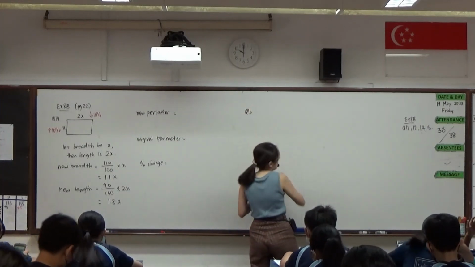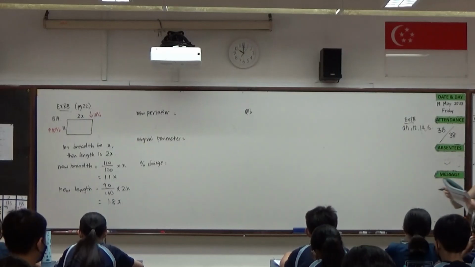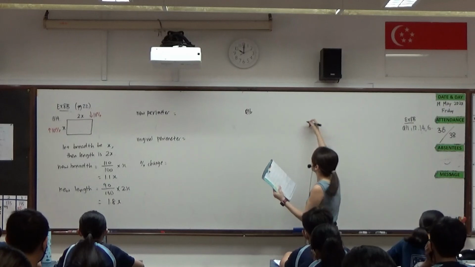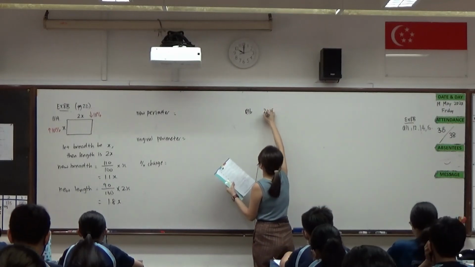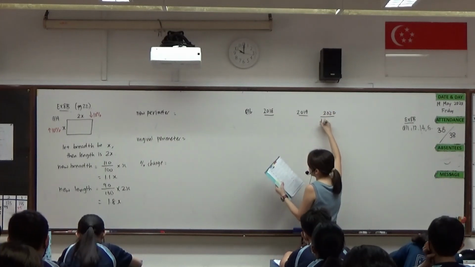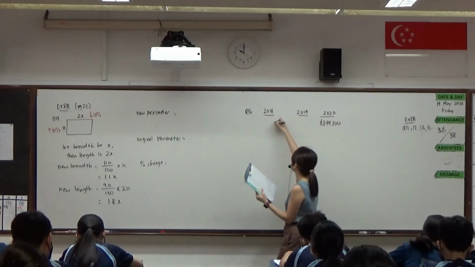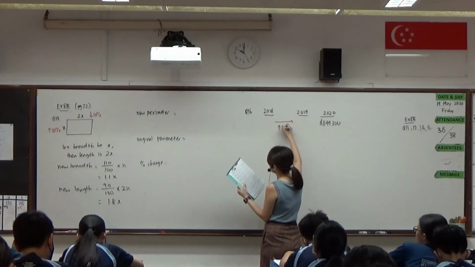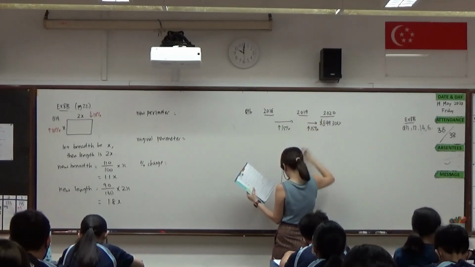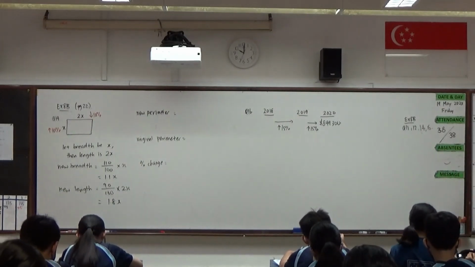So, question 16. Every year, the value of a condominium appreciates by 15%. Okay, we're looking at 2018, 2020, whereby in 2020 it is $899,300. Okay, so we want to find out what is the value in 2018.